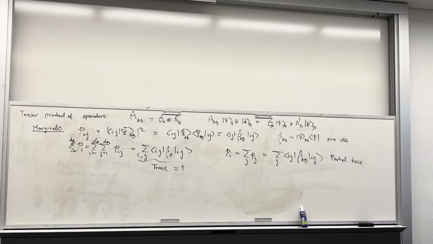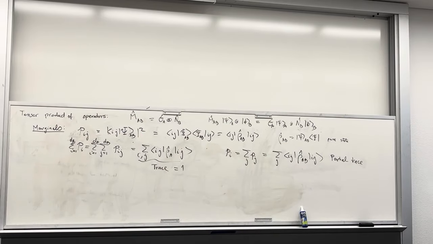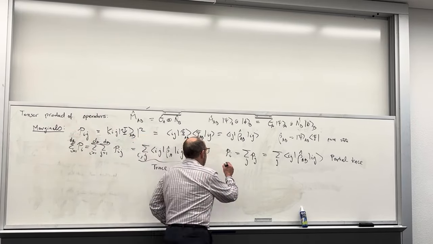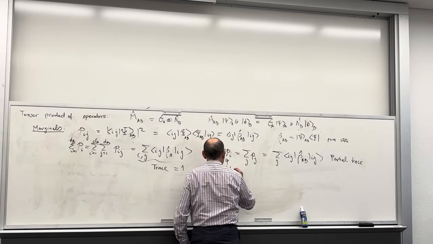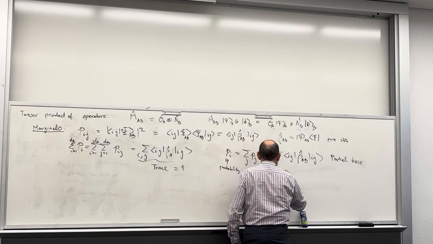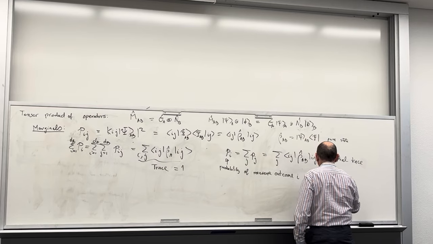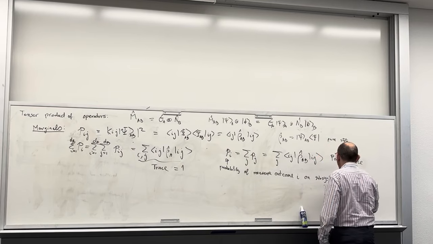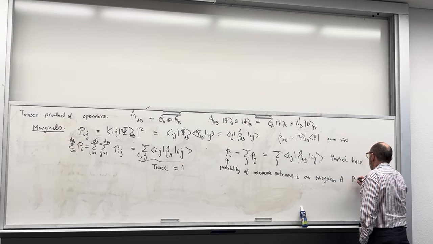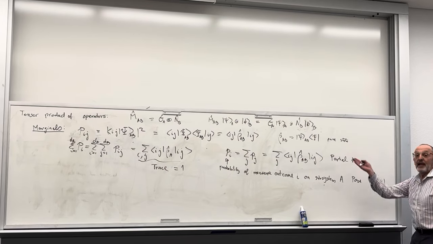Now, as we know, any probability distribution in quantum mechanics, any probability of any measurement outcomes, so this is the probability of measuring outcome i on subsystem A, where the POVM is just the basis of A. So that's what that is, right?